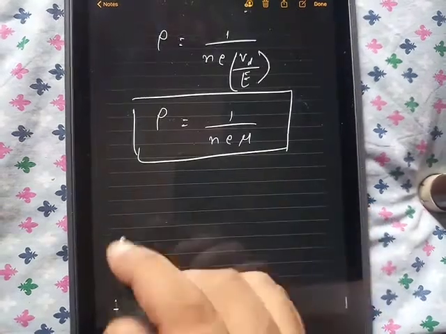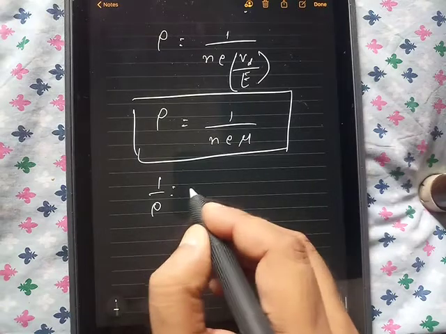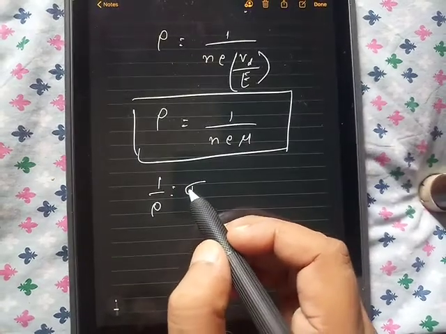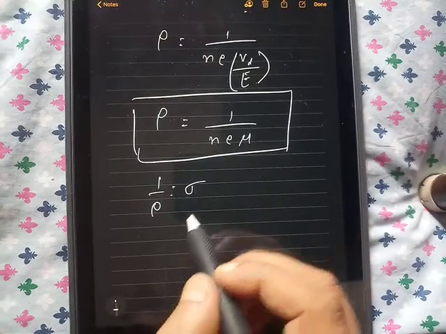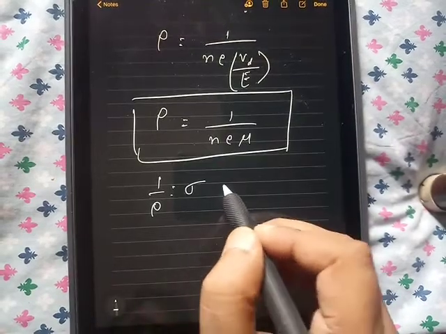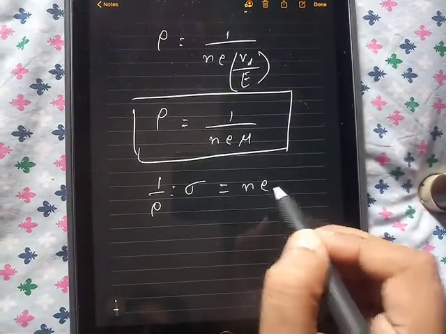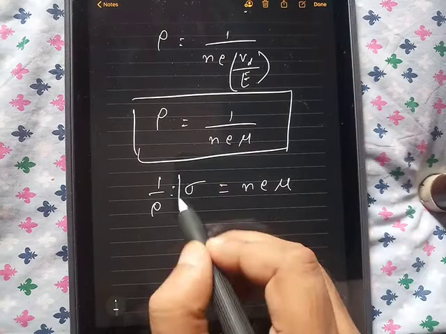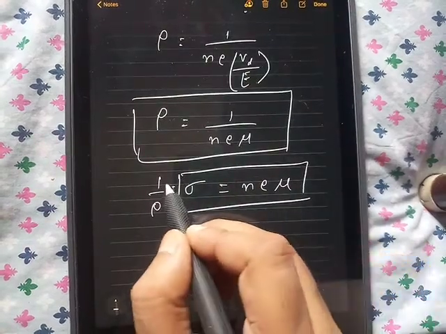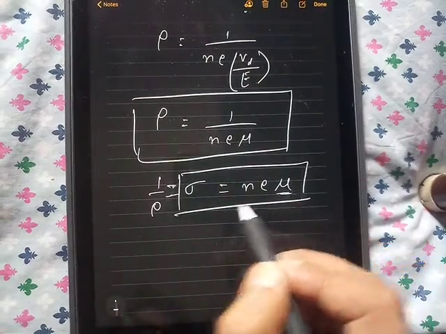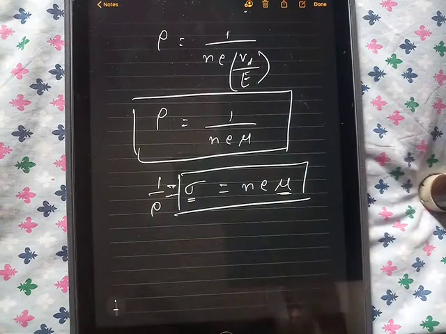Or we have 1 by rho equals sigma. It means sigma equals n e mu. So this gives the relation between mobility and conductivity.